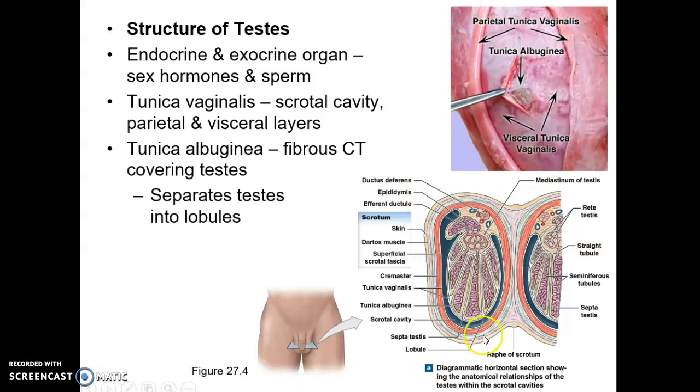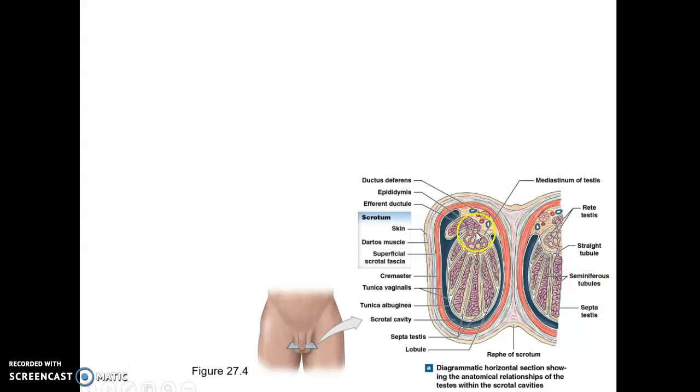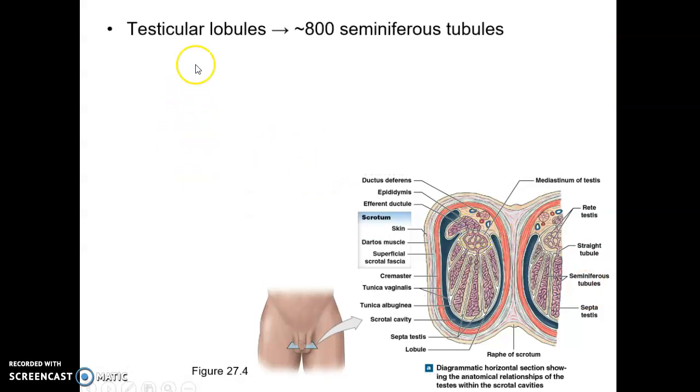And internally, there are divisors, septa, that divide the testis into lobules that house what are called the seminiferous tubules, where sperm production occurs. So the testicular lobules have about 800 seminiferous tubules internally.